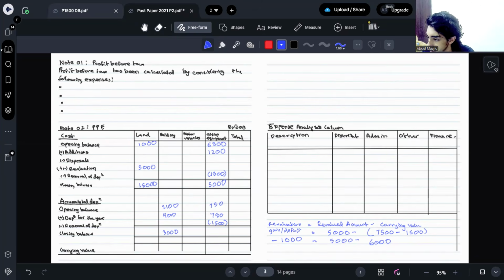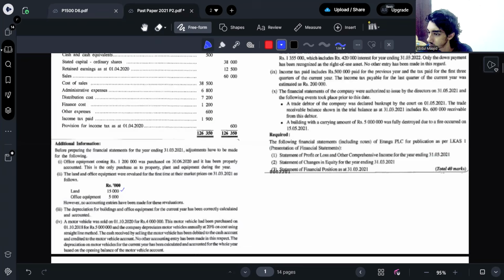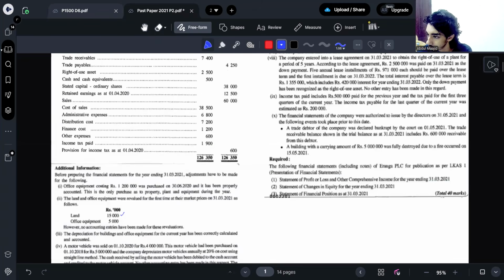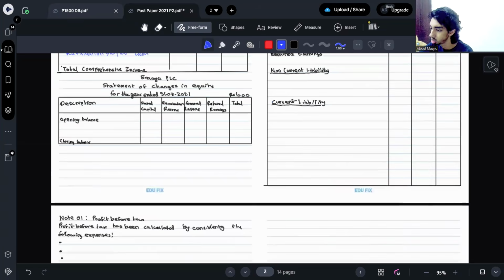You can record that deficit here. Now it's revalued for the first time, right? So you can record it under other expense. So first we put the opening balances of expenses. The balances given in the trial balance are here 7,200, 6,800, 600 and 1,200.